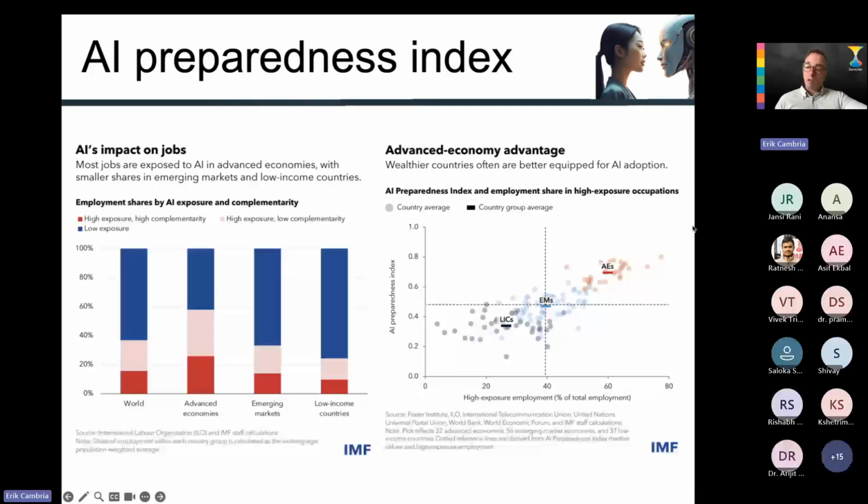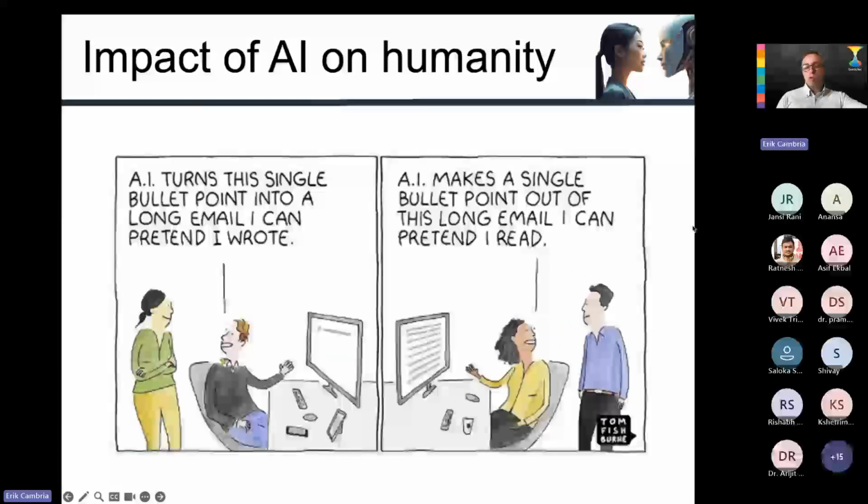But one interesting thing about this revolution that is intrinsically different from past revolutions is that for the first time, it's the white collar jobs that are affected and not the blue collar jobs, like it happened, for example, in the agricultural and industrial revolution.